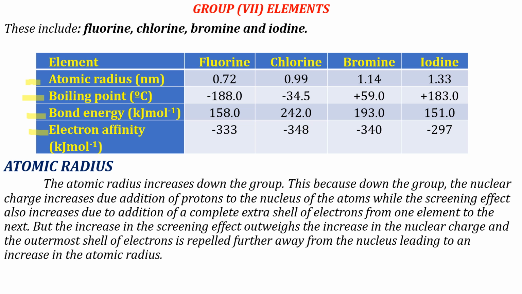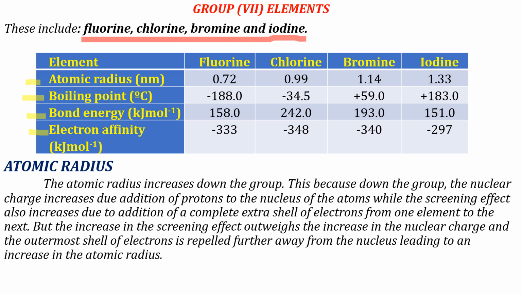All these ones were explained in our first video, which was about periodicity. So in this video, we are going to be looking more in depth about the reactions and chemical properties of each of these elements together with their compounds.